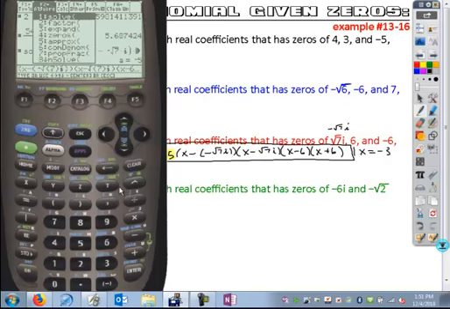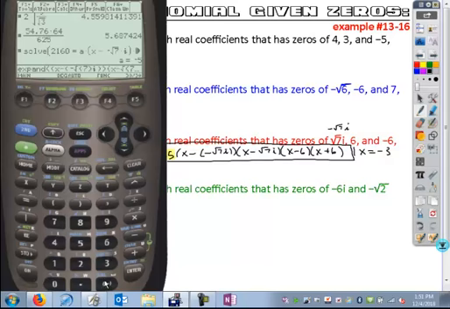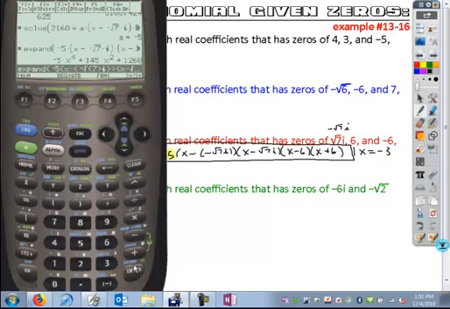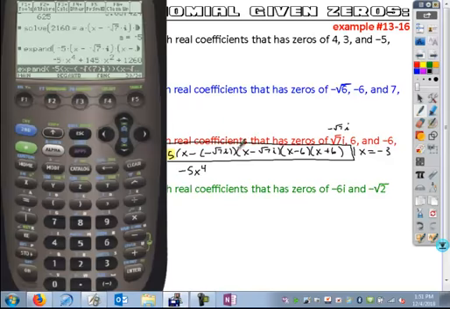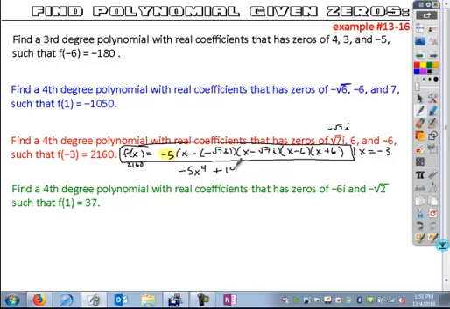So if I go to F2 Algebra tab, choose Expand, and put a negative 5 here, this would give me my expanded form, which would be negative 5x to the 4th plus 145x squared plus 1260. And so that would be my function if I was writing it out in its polynomial form.